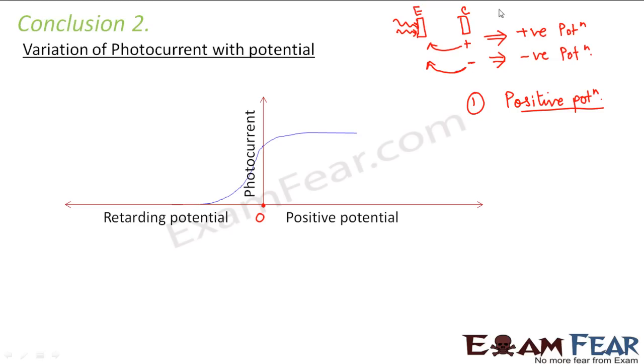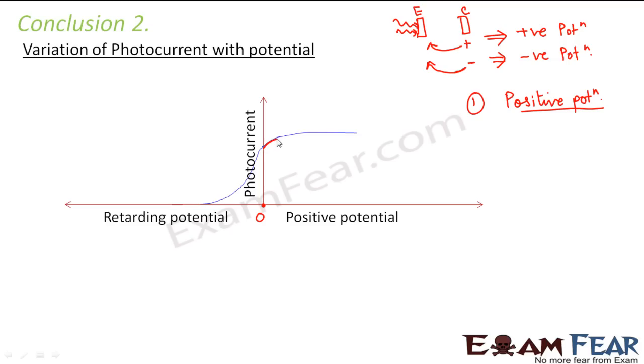So the metal plate is positive with respect to the photosensitive plate. Since it is highly positive, whatever electrons are coming out from the emitter will get attracted towards it. So the electrons will keep flowing towards the collector. As the positive potential is increased, more and more electrons flow towards the collector, so the photocurrent will increase.